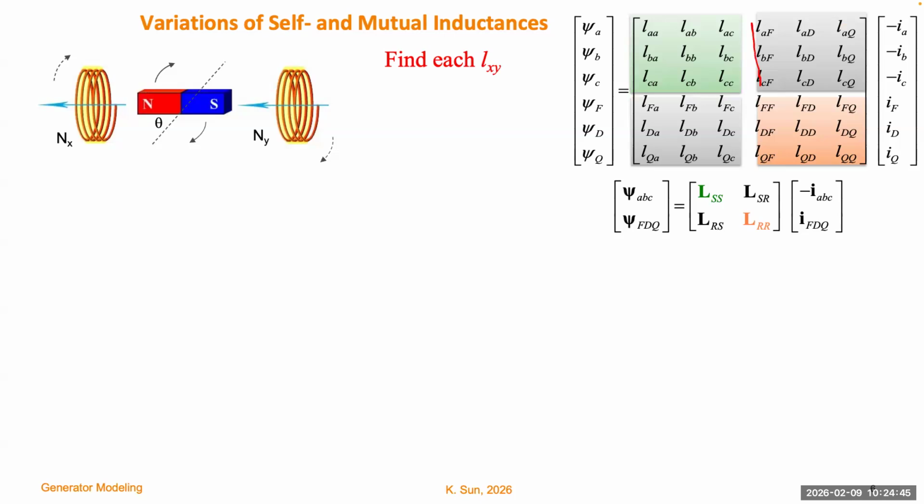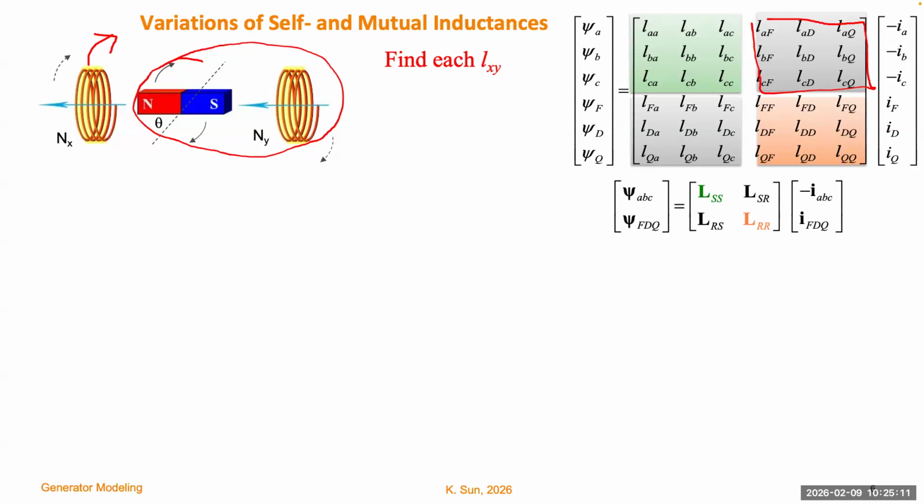For everything in this gray box, you see one subscript is lowercase a, b, or c, so that's a stator winding. The other one is F, capital D, or capital Q, so they are from a rotor winding. We can consider another analogy, where those two stay together, which could be the rotor, and this is a stator.